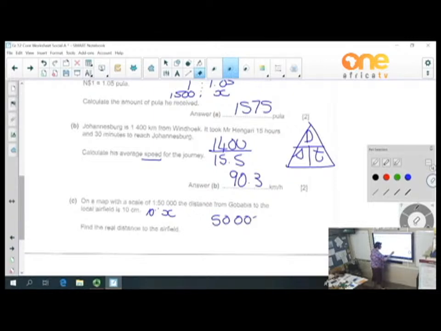But remember, this is now in centimeters. There's 5 zeros in a kilometer. Right, so this is then 5 kilometers. It is 5 kilometers.